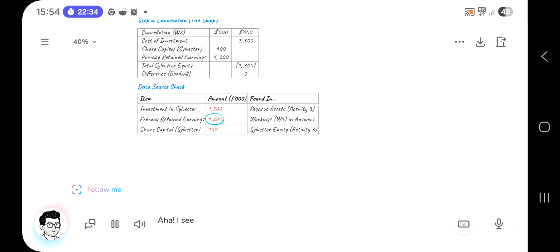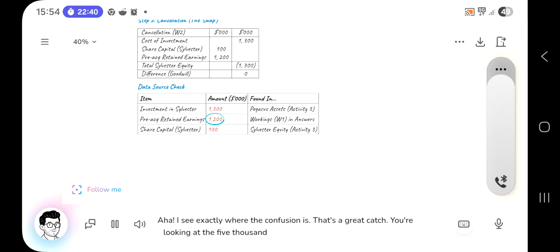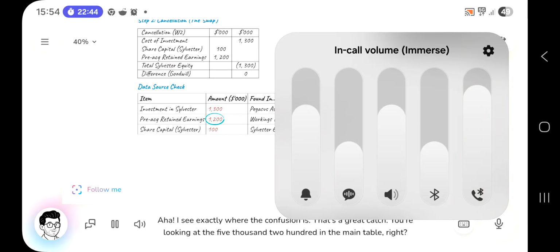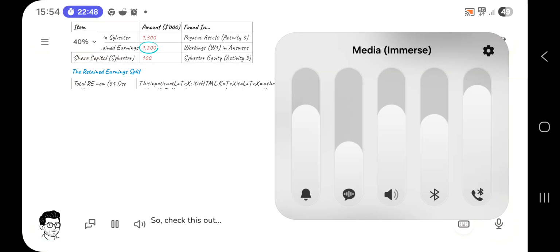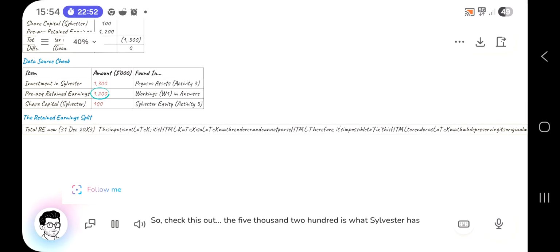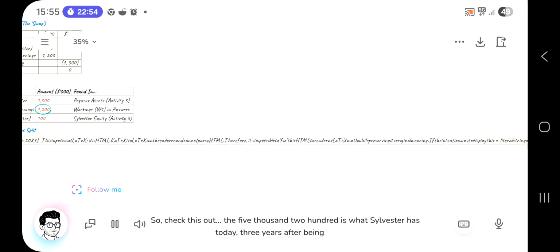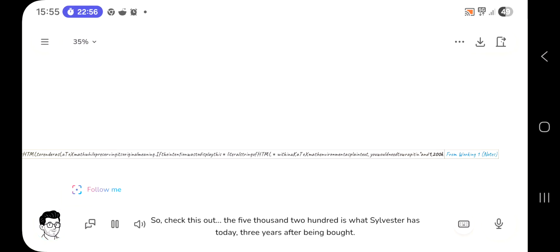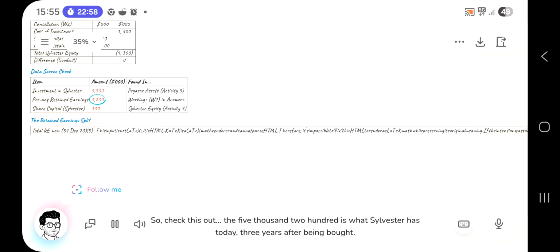Aha! I see exactly where the confusion is. That's a great catch. You're looking at the 5,200 in the main table, right? So, check this out. The 5,200 is what Sylvester has today, 3 years after being bought.